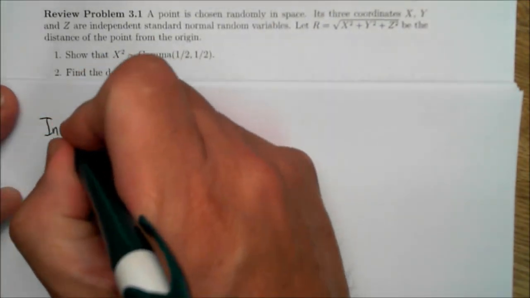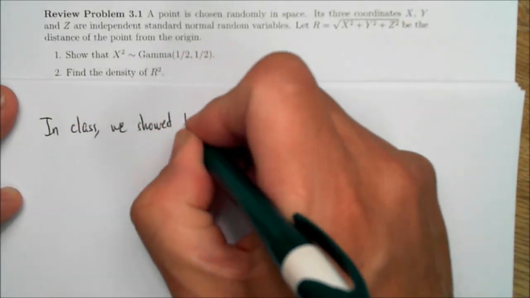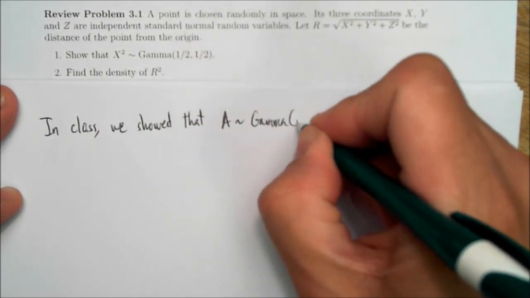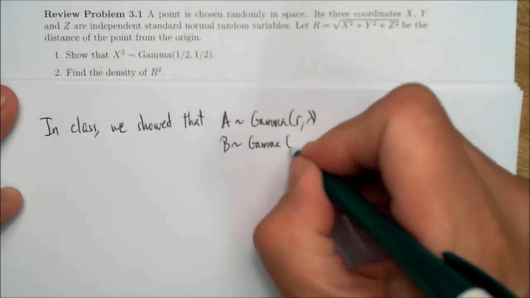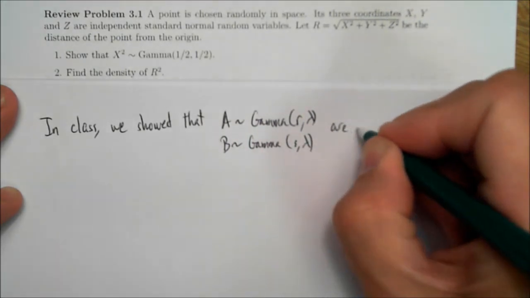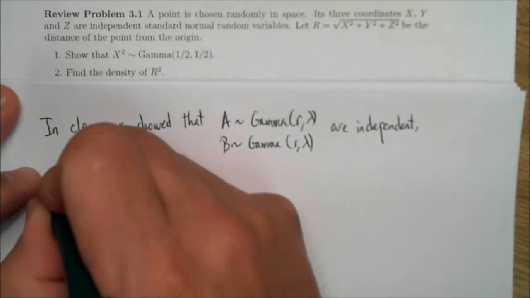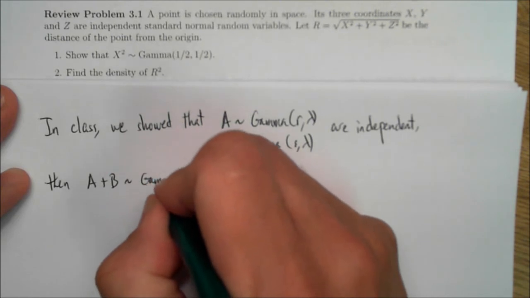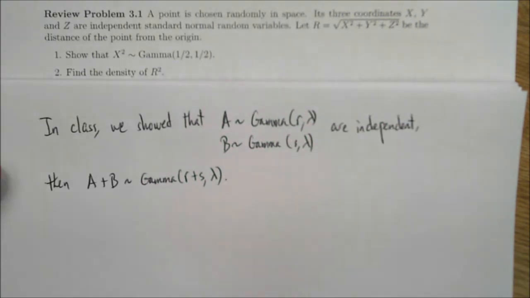In class, we showed that if a is gamma with parameters r and lambda, and b is gamma with parameters s and lambda, and they are independent, then a plus b also is gamma distributed with parameters r plus s and lambda. So that's something that we showed in class.